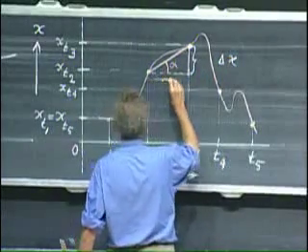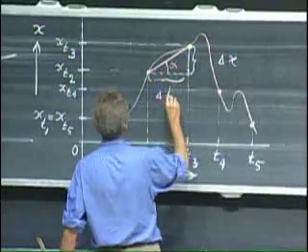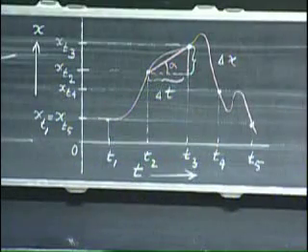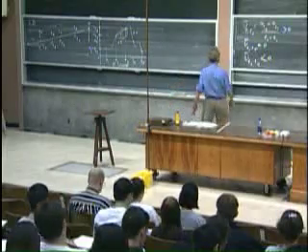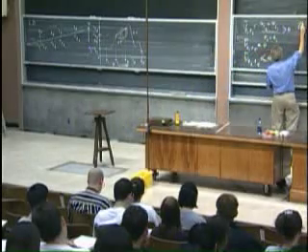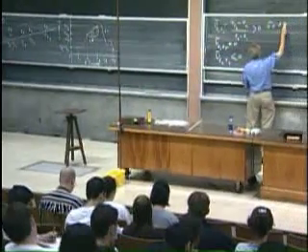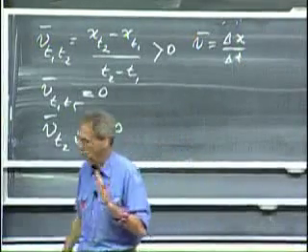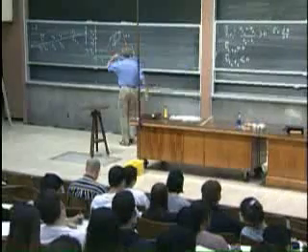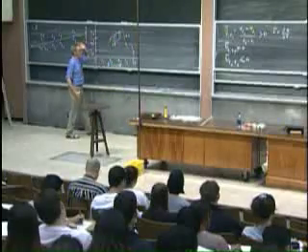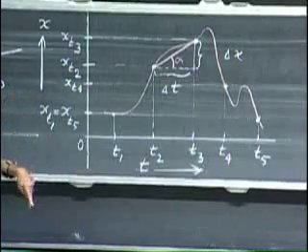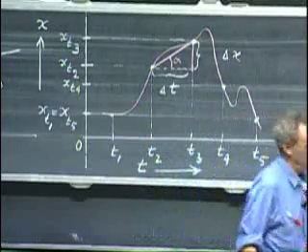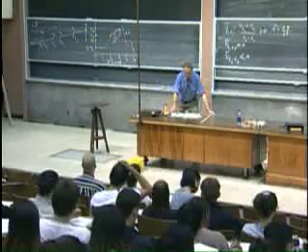And this here is delta t. And so you could write now, if you're careful about your sign convention, that the average velocity equals delta x divided by delta t. But be careful. If the angle is positive, I call this a positive angle, then the average velocity is positive. But if I have a negative angle, then the average velocity would be negative.